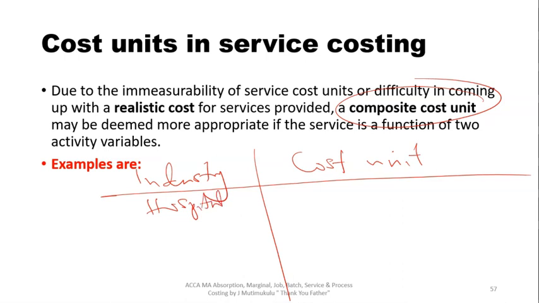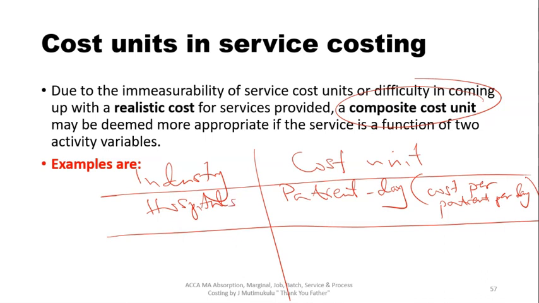Usually, hospitals have what is called a patient day, which means the cost per patient per day. The cost of having a patient per day. Okay, the cost per patient per day. That's a composite. It is actually a composite cost unit.